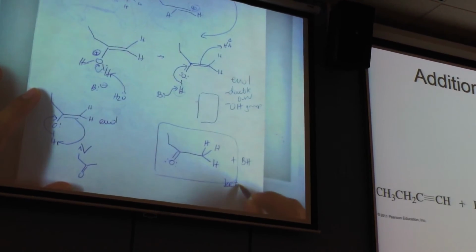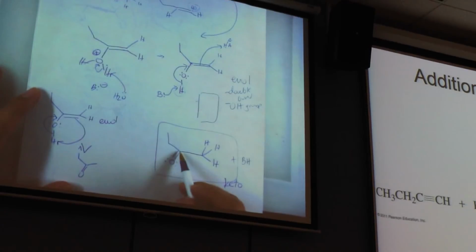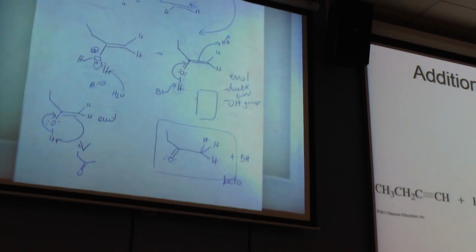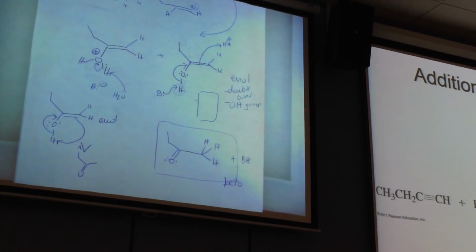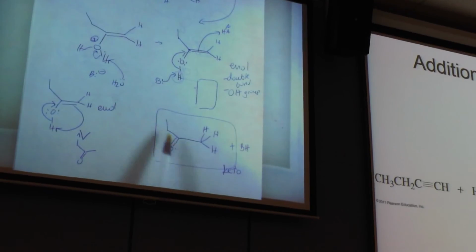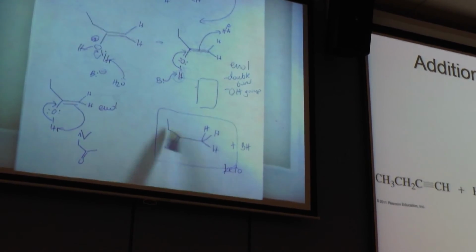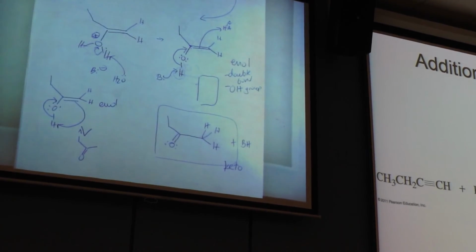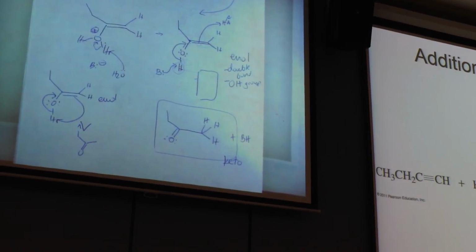This is commonly called keto. Keto because you have a carbon double bonded to oxygen in the center, and on the two sides of this carbonyl you have carbons with something on them. So you have carbons attached to a center carbon that is double bonded to oxygen.